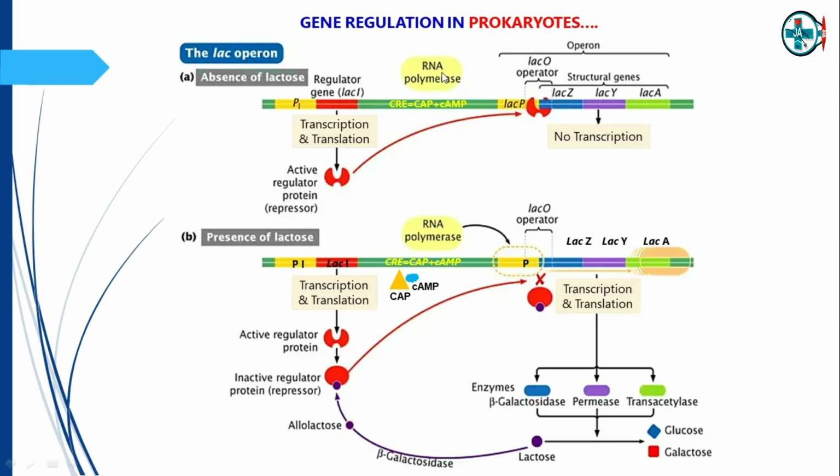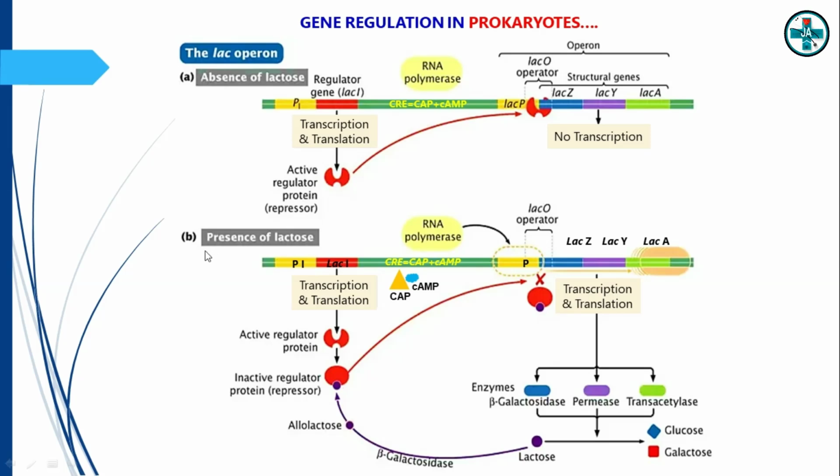Now this operator will not allow the transcription enzyme, RNA polymerase, to bind to the promoter site. Therefore, all the downstream genes like lacZ, lacY, lacA cannot be transcribed. This way, when lactose is absent, the lac operon makes sure that the lactose metabolizing enzymes cannot be synthesized.